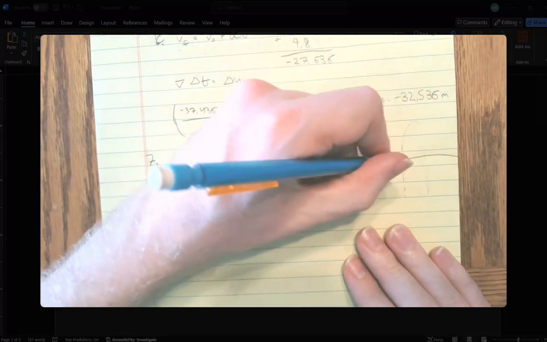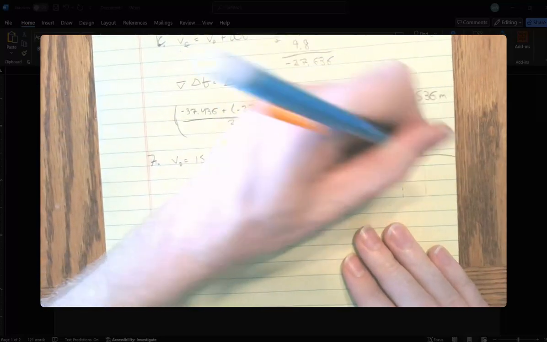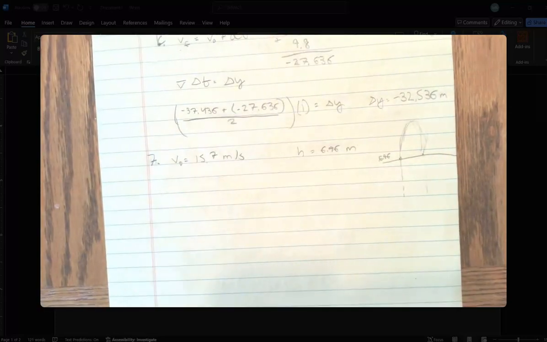So if you have 6.96 meters, if that's right here, it is going to pass through it twice. So we're trying to figure out what this time is. Just giving you an idea of what we're looking for, and yes, the question does make sense there.